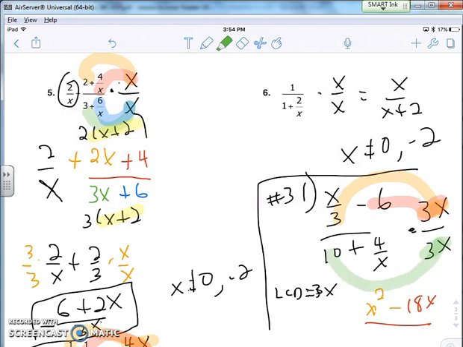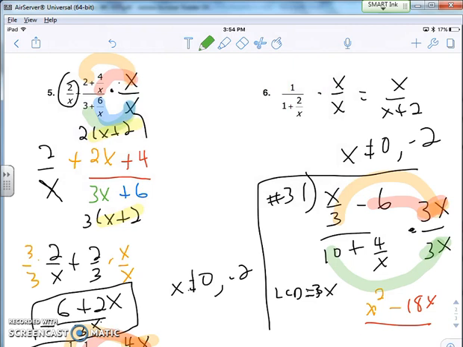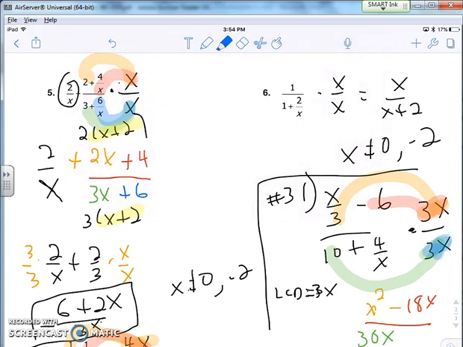So the bottom, 3x times the 10 gives us 30x. 3x times 4 over x, and that gives us 12.